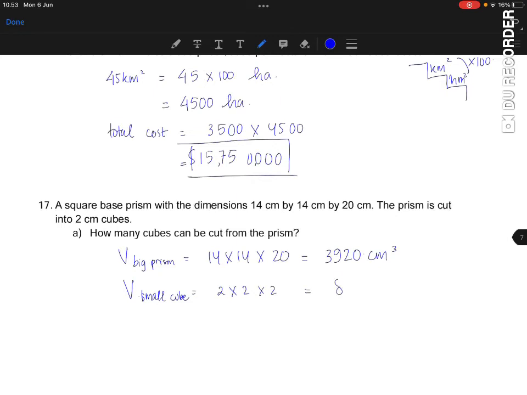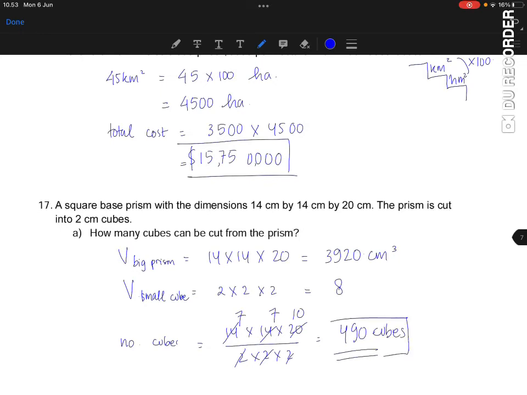Or guys, if you want to find the number of cubes, you just need to do the cross here, so you don't have a big number. Cross 7, cross 7, cross 10. It's better for you to use this. 490 cubes. Finish.